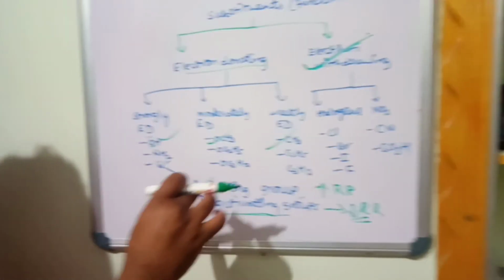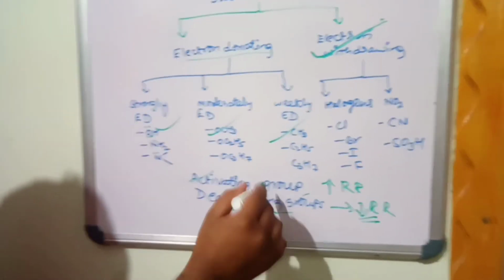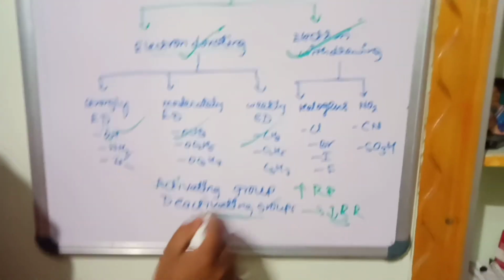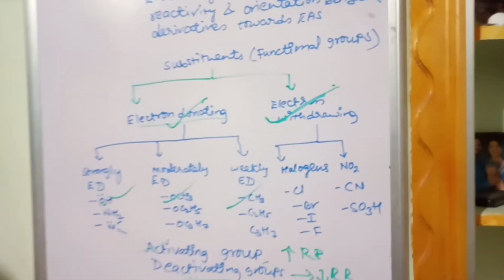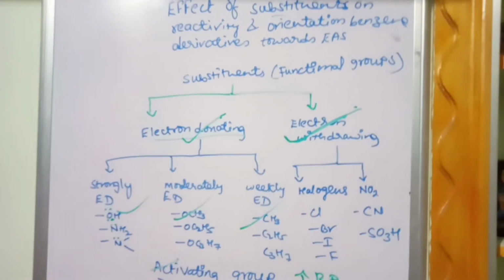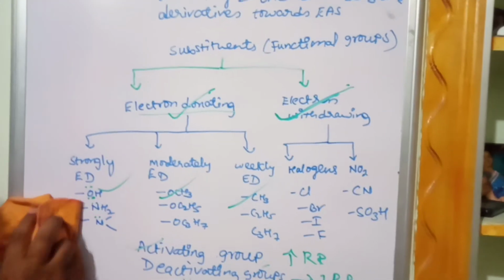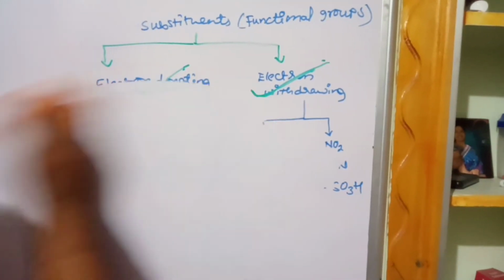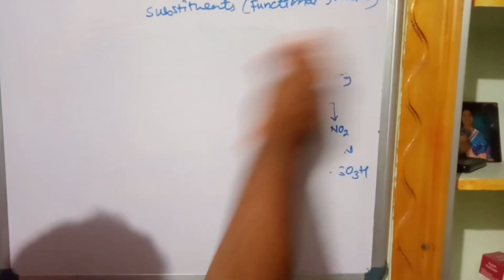Now, what is the effect of activating groups? Activating groups are nothing but electron donating groups. Deactivating groups are nothing but electron withdrawing groups. Now, how will this increase or decrease the rate of reaction? I will take one example of each and let you know. Now, in the activating groups, again we can talk about orientation.